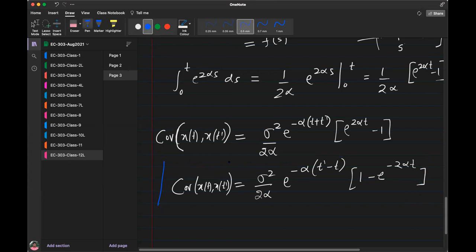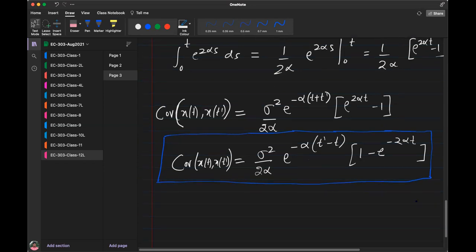Sorry. Another sorry. I really must learn to write well. I think it has improved since last semester, but I still have a long way to go. Okay. So this is the expression for covariance.